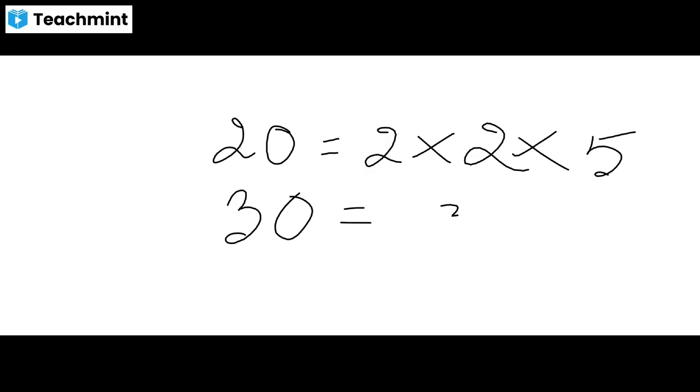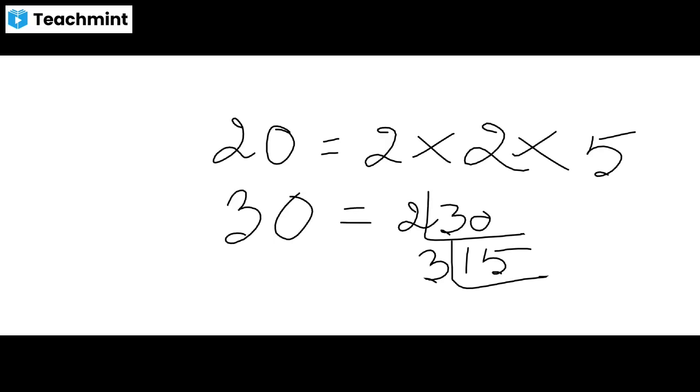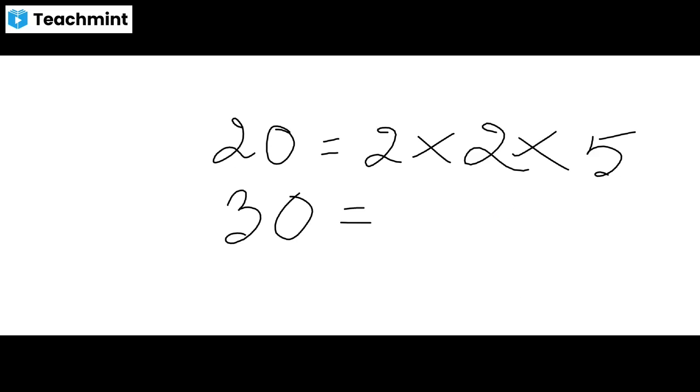See, 30 can be written as 2 15s are 30, then 3 5s are 15. So which are the prime factors we can write in product form? It is 2, 3 and 5. So 30 can be written as 2 into 3 into 5. So 2 into 3 into 5 exactly gives 30. 2 into 2 into 5 also gives exactly 20.